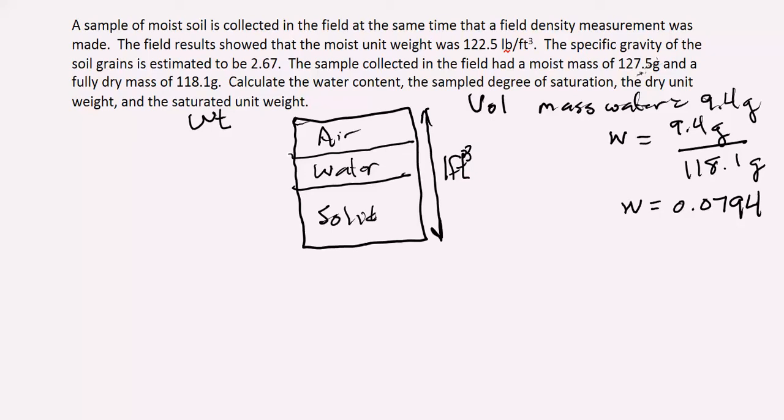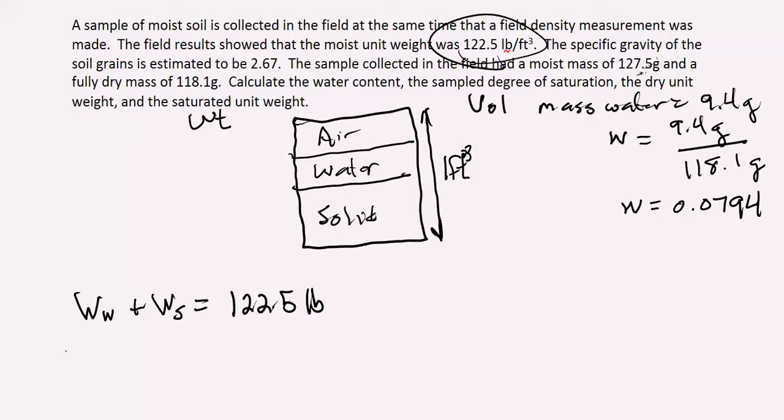Well, if we have the weight of the water, that's a capital W, plus the weight of the soil, we know together those two sum up to, for our 1 cubic foot volume of material, 122.5 pounds. That's something that we were given with the problem. Once we assume that we have a cubic foot of soil, we know that the weight of the water plus the weight of the soil is going to sum up to 122.5.